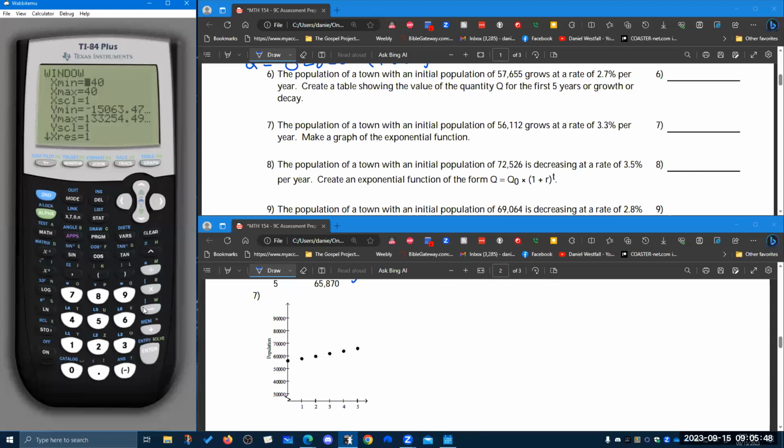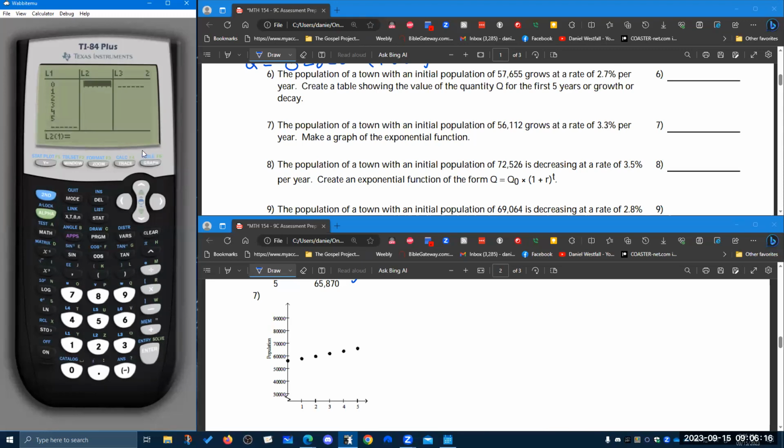And we're going to start. Okay, let's actually show you how she did this. So clear, enter, and she just wanted data points for 0, 1, 2, 3, 4, and 5.